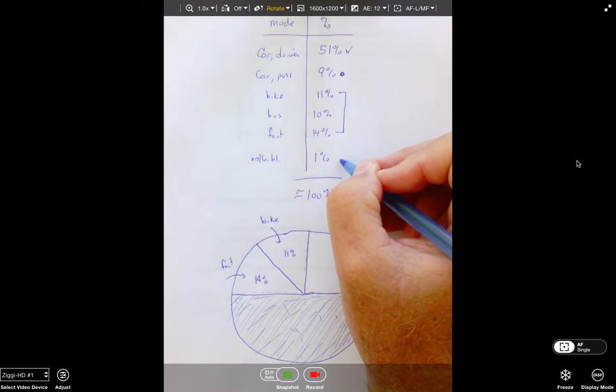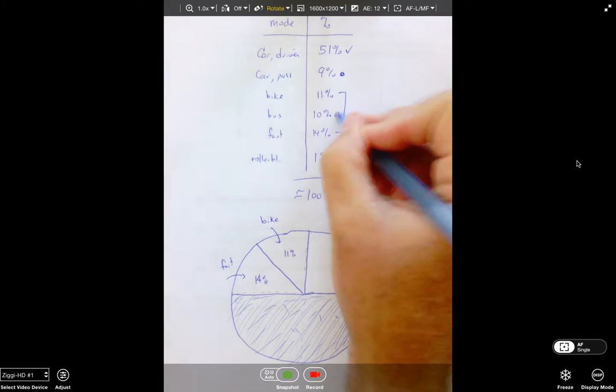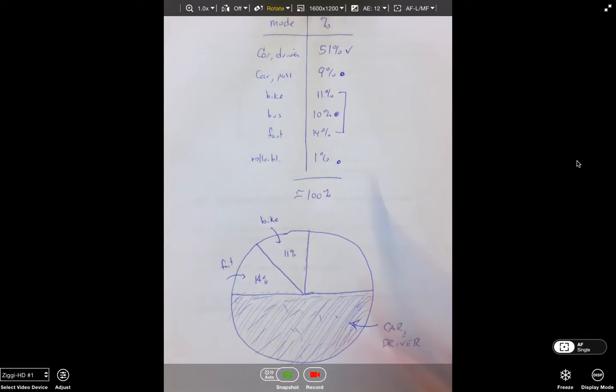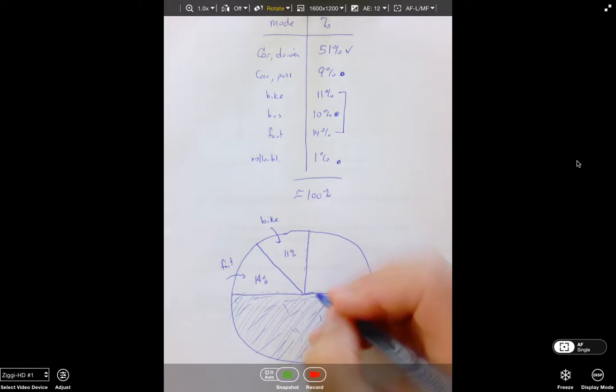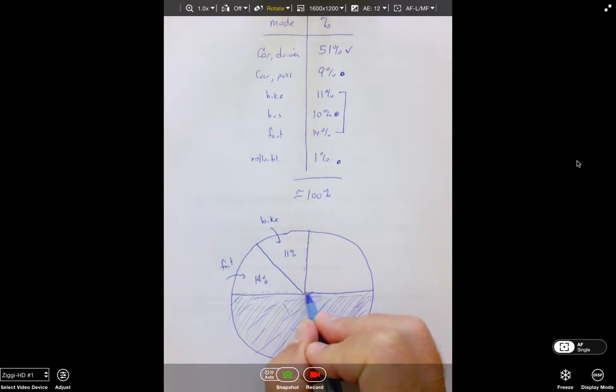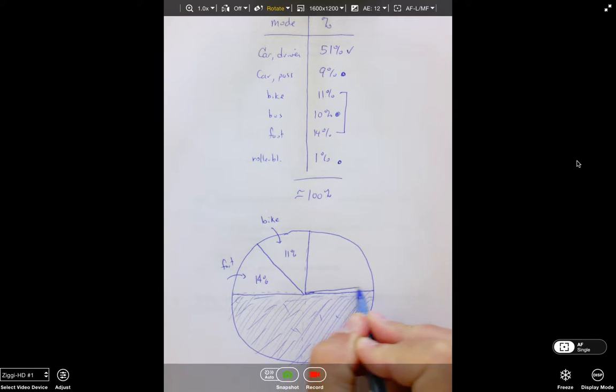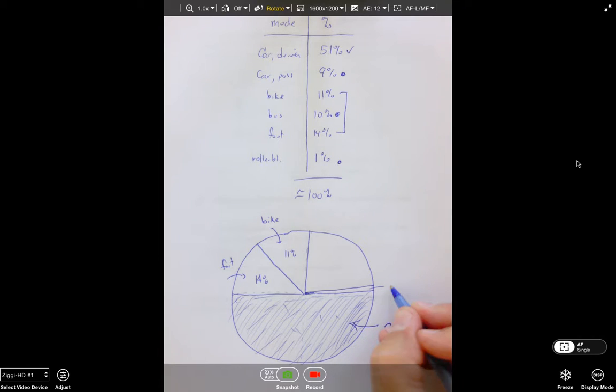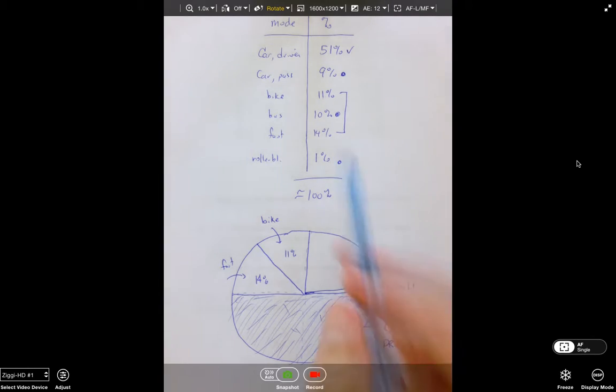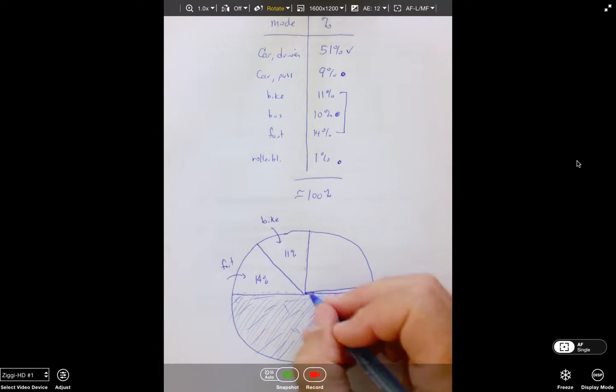All right. Next thing I would do is I would see that the other 25% has to be comprised of these three. And it looks like the 10 and the 9, 19, 20. So, guys, I would just come in. The 1% is going to be extremely small. So this is going to be rollerblading. And then I would see that the 10%, 11% are about the same.